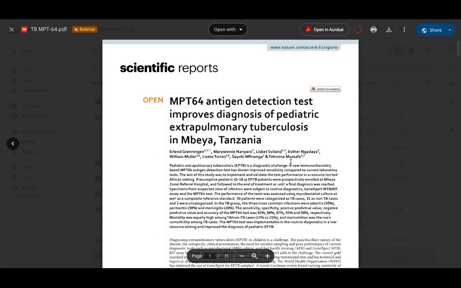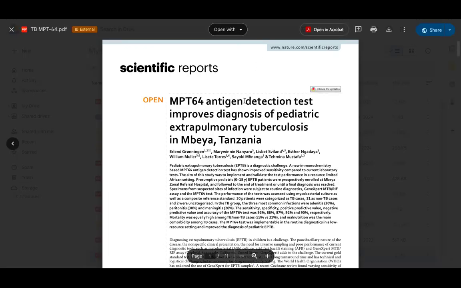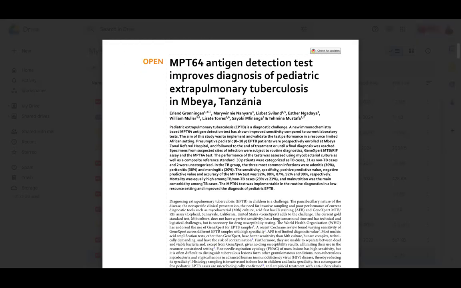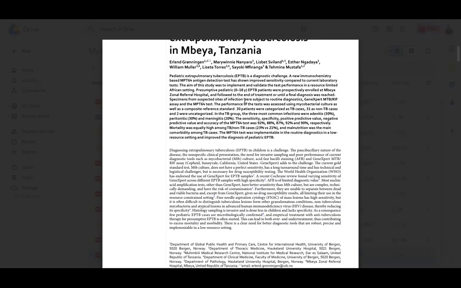So during your break, just a quick glance. Look at this journal. Just look at the terms. You can see sensitivity, specificity, very important.